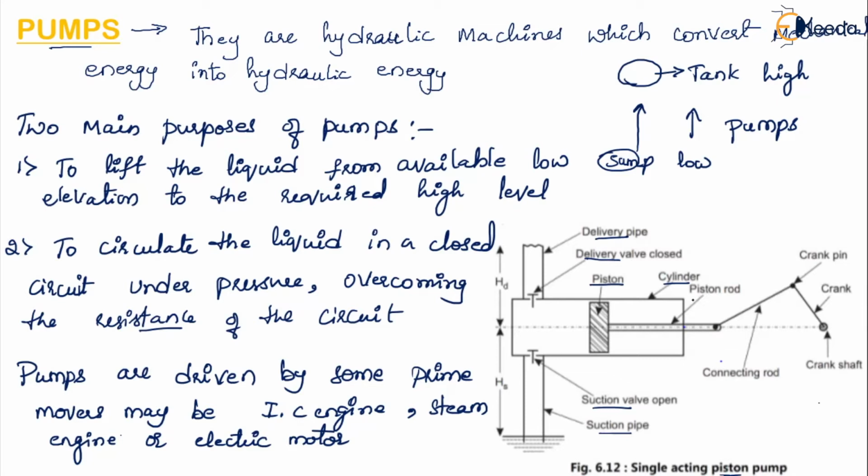The piston is driven by a crankshaft, which consists of a crank pin and a connecting rod. When we study the different types of pumps, we will understand the working better.